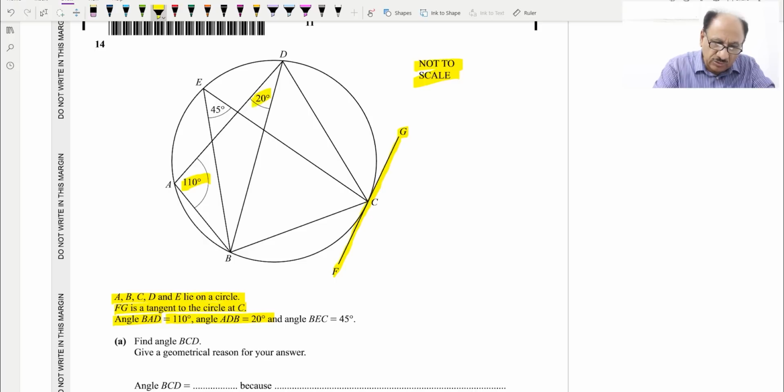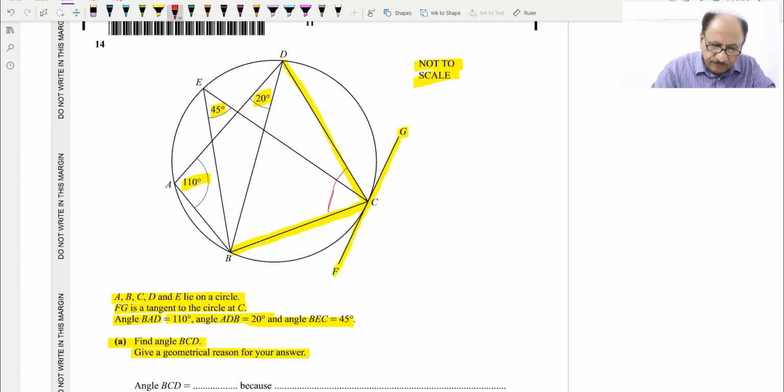ADB is 20, so this one is 20. And the angle BEC is 45. This is also provided. A part, find the angle BCD. Give geometrical reason.